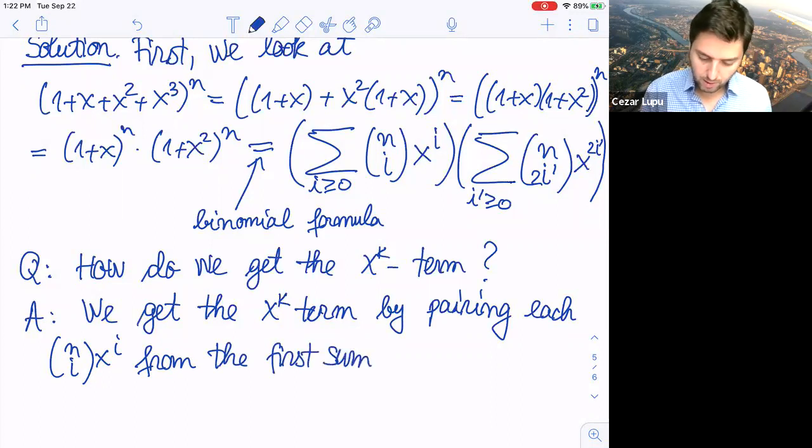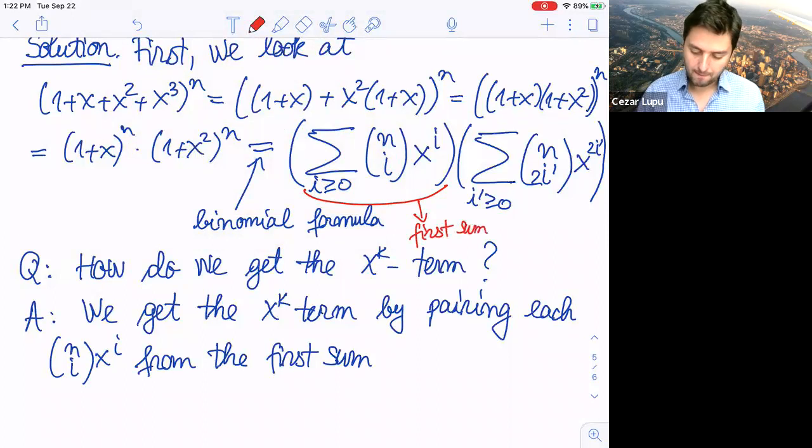When I mean the first sum, it is this one here. This is the first sum, and this will be the second sum.